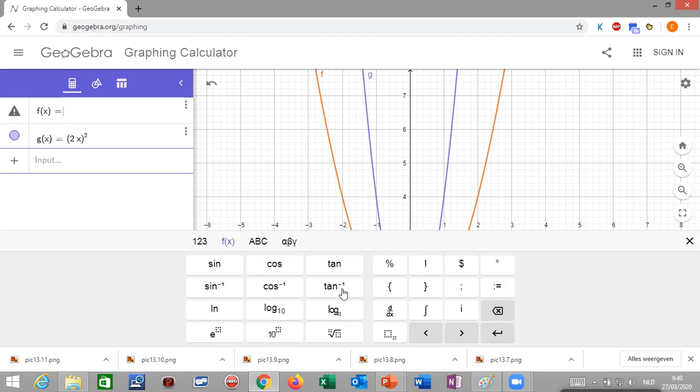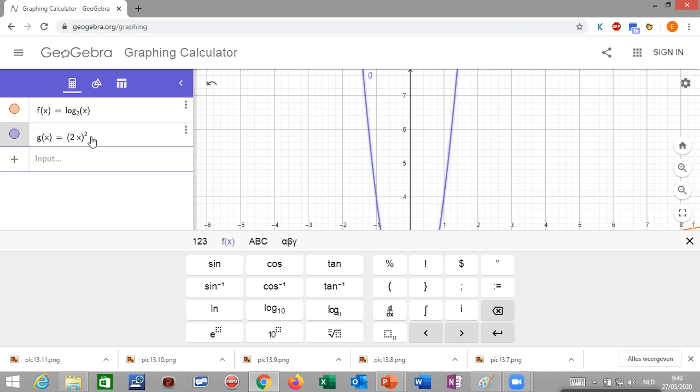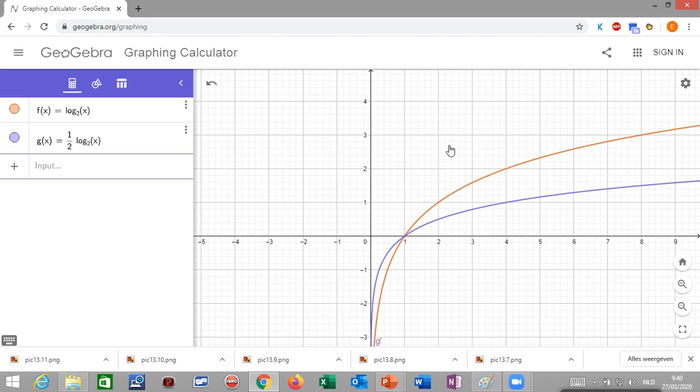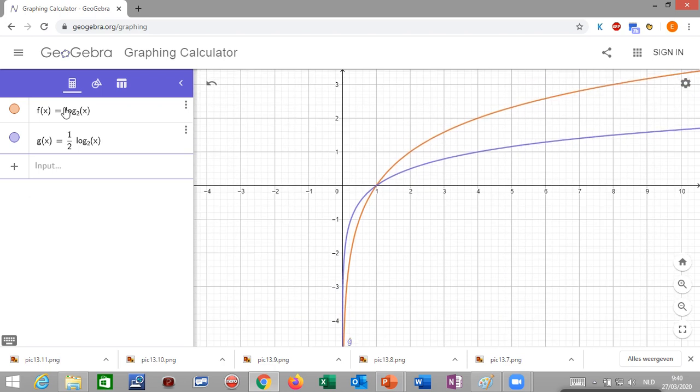Let's write here the log with base 2 of x. And here 1 over 2 times the log with base 2 of x. So you start again from the orange one and you have to get to the purple one.